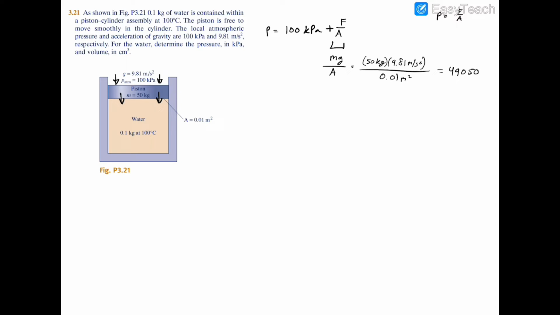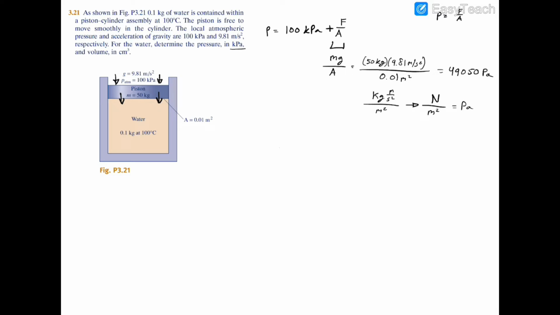And what's the unit? Well, we have kilogram meter per second squared on the top, which looks awfully like a Newton because it's mass times acceleration, which is what a Newton is. Divide that by the area in meters squared, and that yields a Pascal. So we have 49,050 pascals.